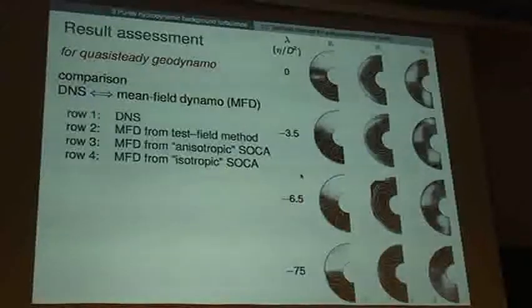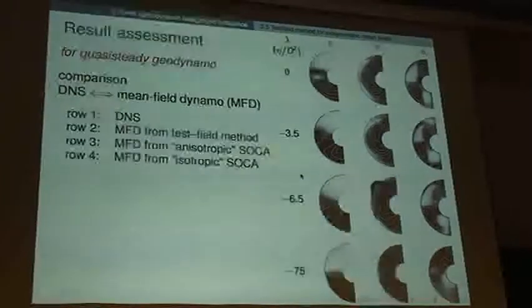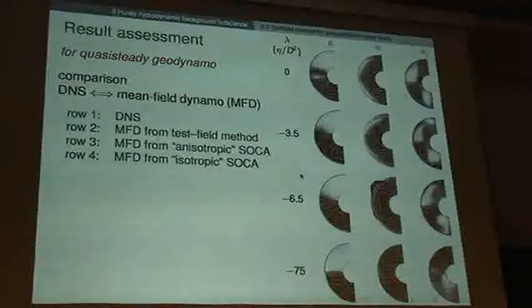How do you fix the correlation time in this case? It wasn't necessary. Because you can derive the alpha tensor, for instance, completely without any further assumption from the velocity field from the DNS. If you have a prescribed velocity, if it's completely prescribed in space and time, you don't need any further assumption.